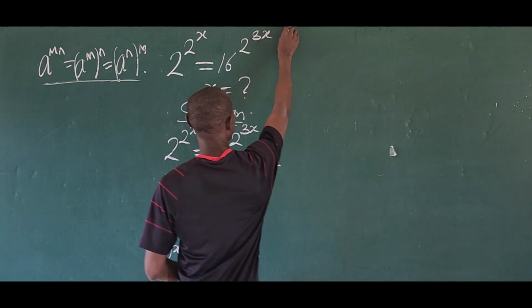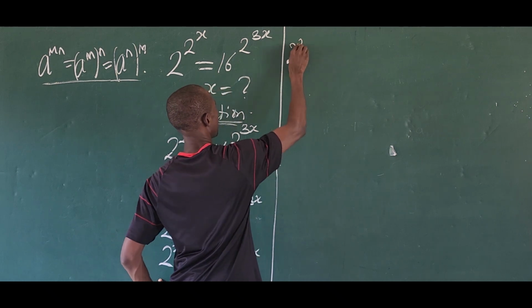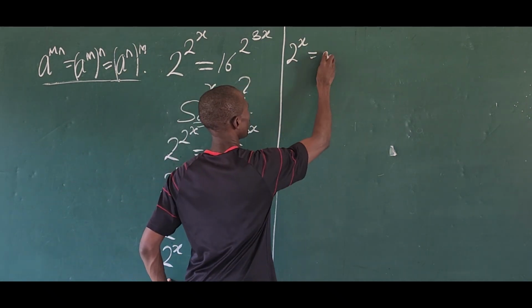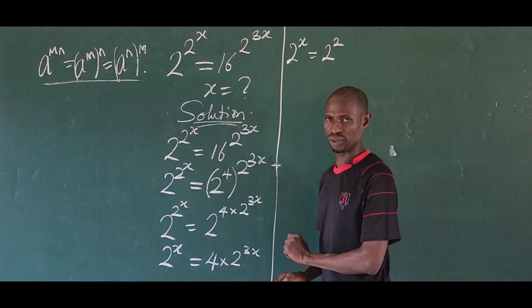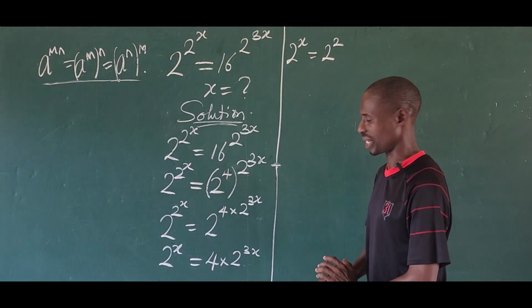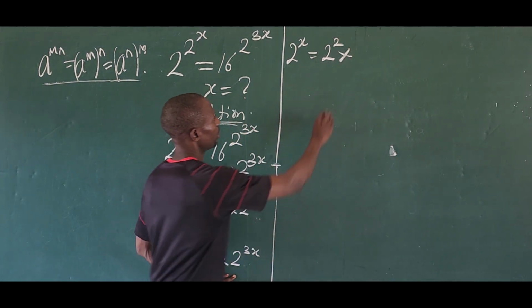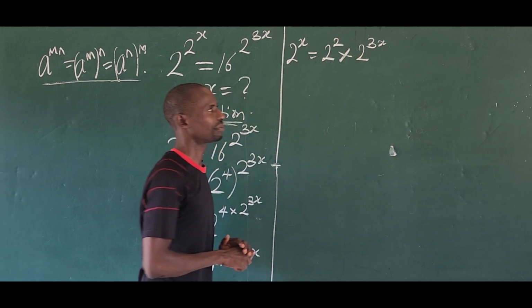So let's continue on this side: 2 to the power of x is equal to 2 to the power of 2, the 4 we just expressed as 2 squared, bring down our multiplication sign, times 2 to the power of 3x.